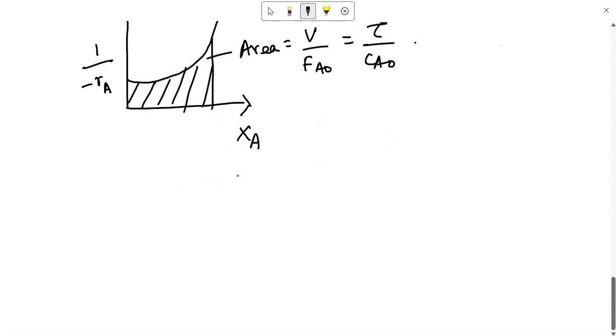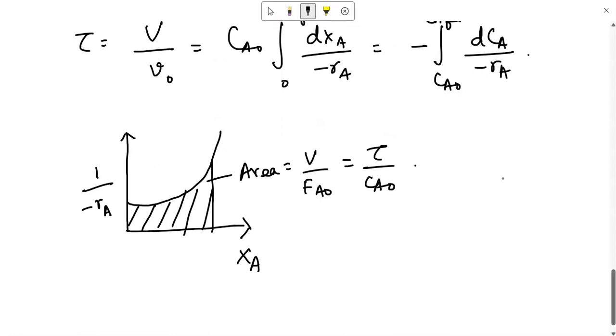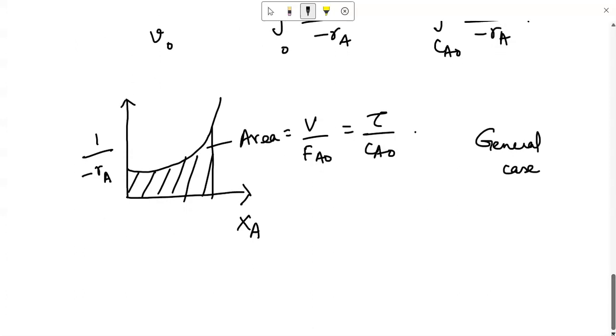The first figure that I have shown is for the general case. If you have a constant density system, then instead of conversion you can now plot the concentration on the x-axis, and on the y-axis you plot the reciprocal of the rate equation.